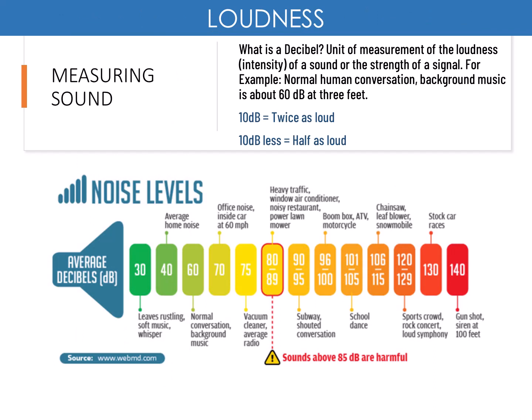Let's start looking at measuring sound. The decibel is the unit of measurement of the loudness of sound or the strength of a signal. For example, the average level of conversational speech is about 60 to 65 decibels. Take a moment to scan the chart. It's a good snapshot of what some typical volumes in our world are.